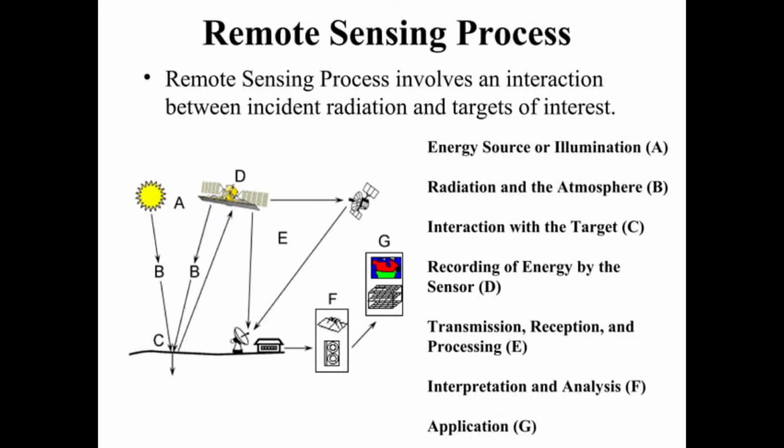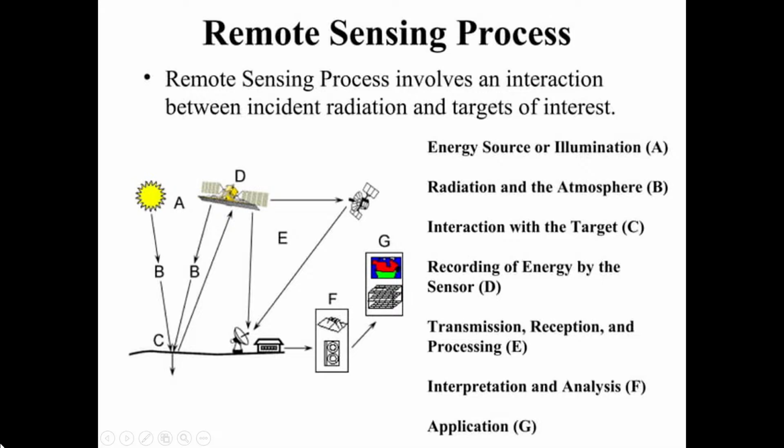Here in this figure you can see the energy source, suppose the sun. The sun provides the electromagnetic radiation. This is the main source from which we get electromagnetic radiation. B is the atmosphere, and C is our target object, so this is the interaction with the target.